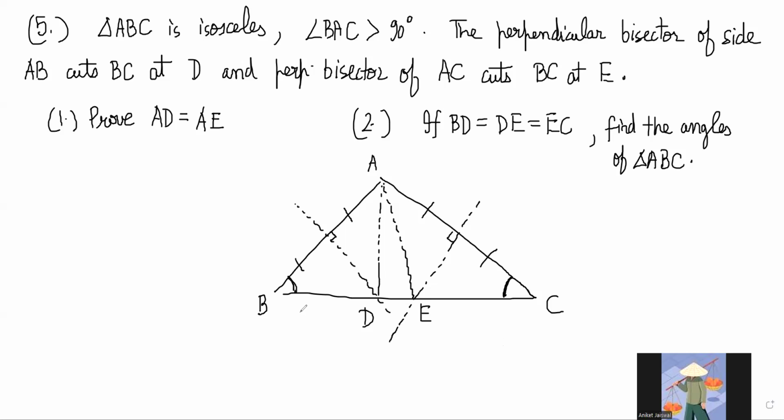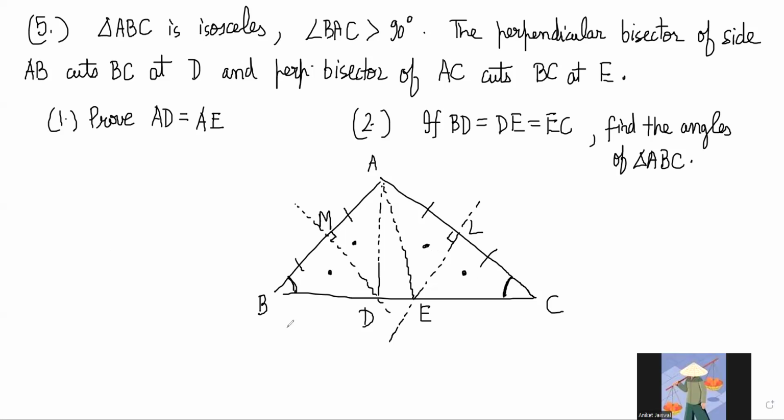I took the perpendicular bisector on AB, the point M, and the other one L. So sir, BMD is congruent to AMD, by RHS. Similarly ALE is congruent to CLE by RHS.